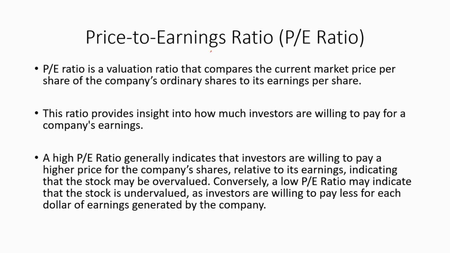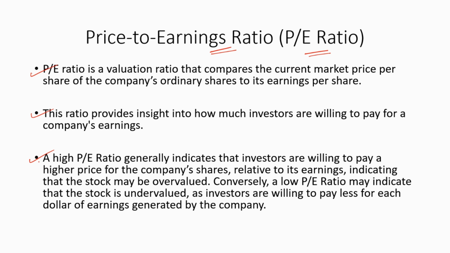Now let's discuss the price to earnings ratio. This is also known as the PE ratio. PE ratio is a valuation ratio that compares the current market price per share of the company's ordinary shares to its earnings per share. This ratio provides insight into how much investors are willing to pay for a company's earnings.